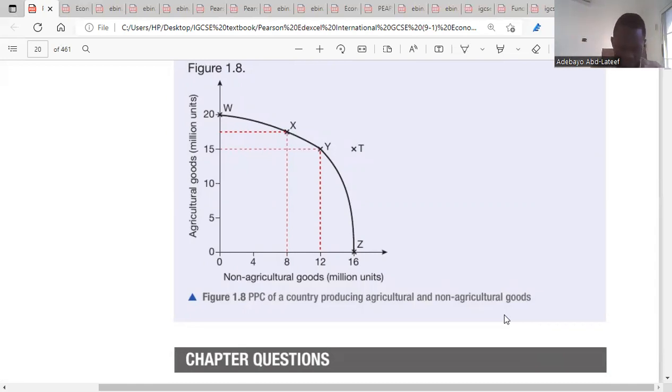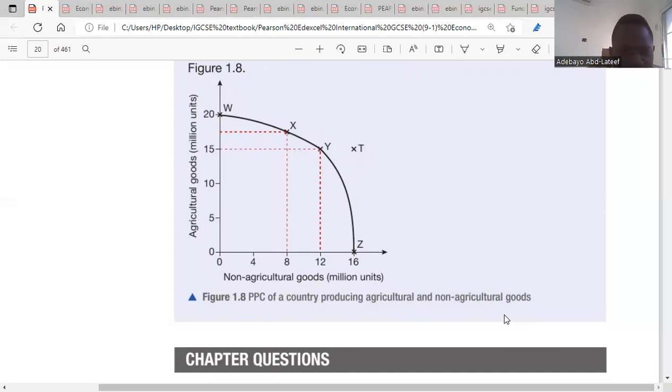At point X, we're talking about two goods. Non-agricultural goods, 8 million units can be produced at point X. Do you get it? Are you there with me, please? Okay. 8 million can be produced at point X.